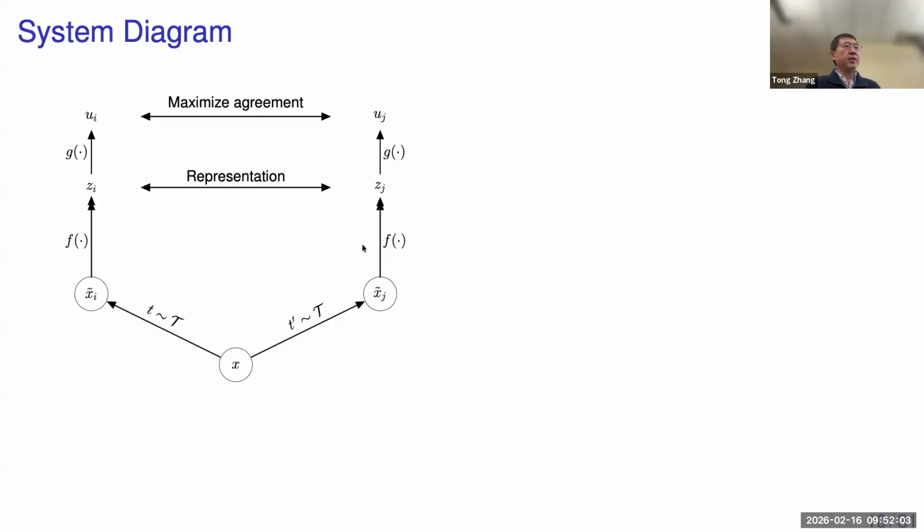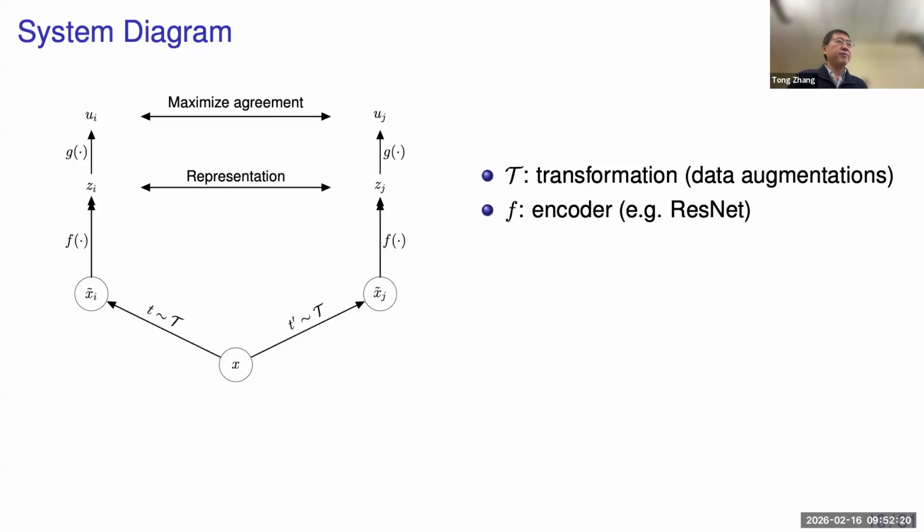But F here is the encoder, right? This one is one image. This is another image using the same semantic-preserving transformations. They should map to the same thing, right? So basically, the transformation is the augmentation, and F is the encoder. For example, you can use ResNet, or a transformer, or whatever.